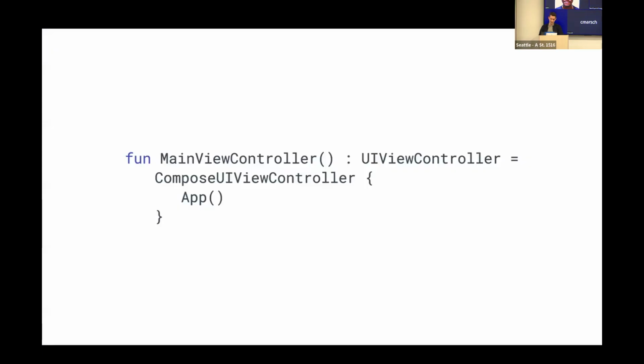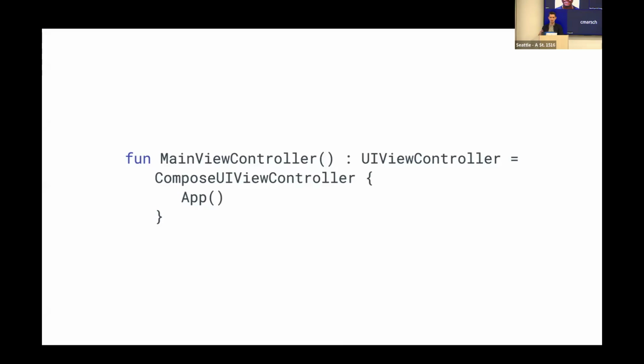If we take a look at the first entry point to the app, this might look pretty similar to what we showed about the main activity entry point on Android. This is just a simple looking function declaring a Compose UI view controller.